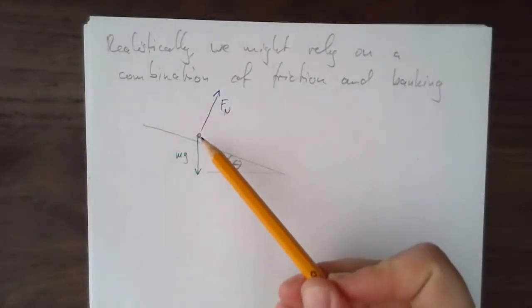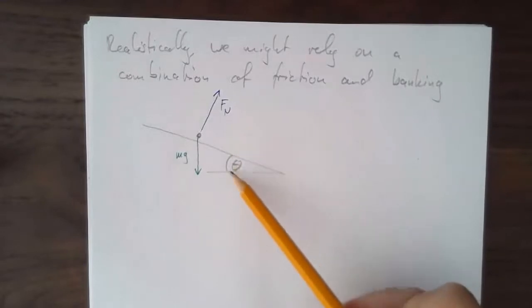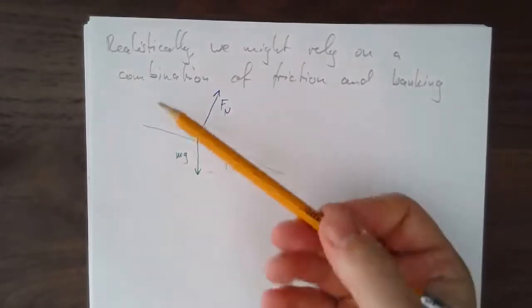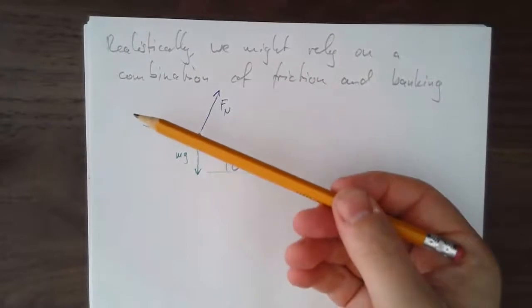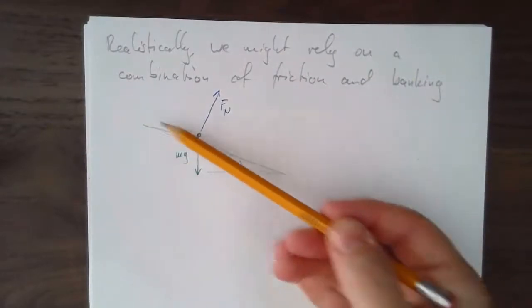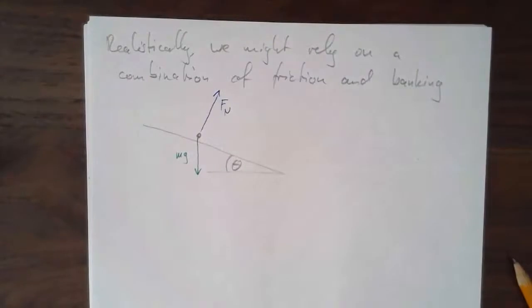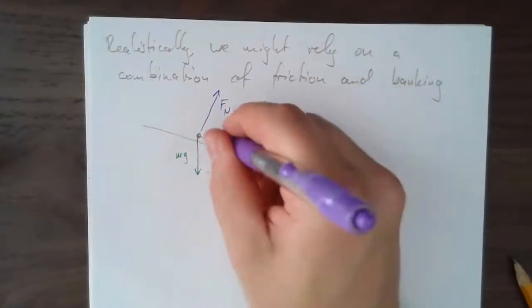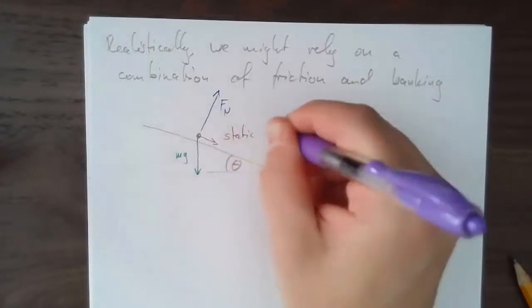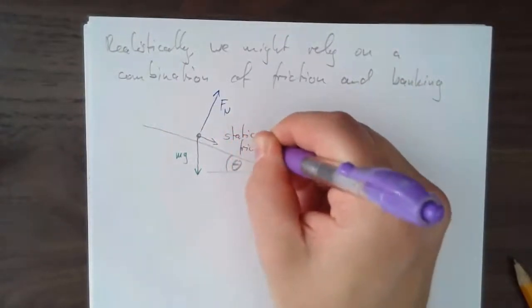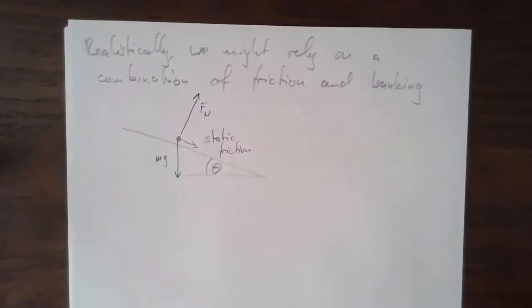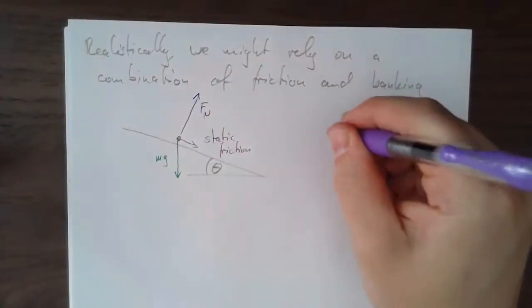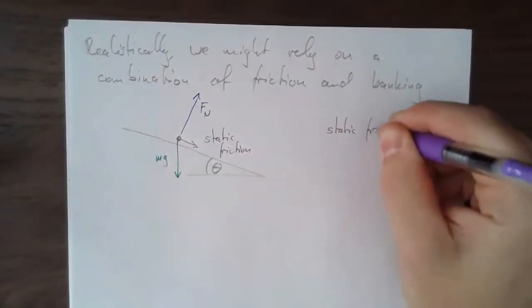So if I was going around a turn and the angle was too small for my speed, right? We made the angle smaller than it should have been for the ideal angle. Well, that means I'd be sliding outwards. So that means friction is acting inwards. I'm going to use purple for friction. So the static friction would be acting this way. Why is that? Well, static friction opposes sliding.